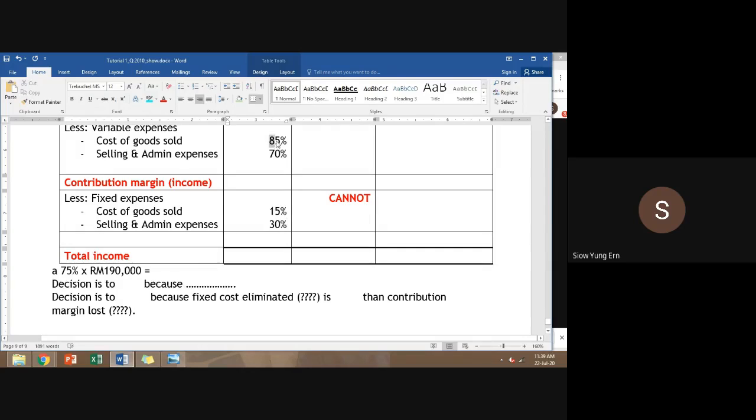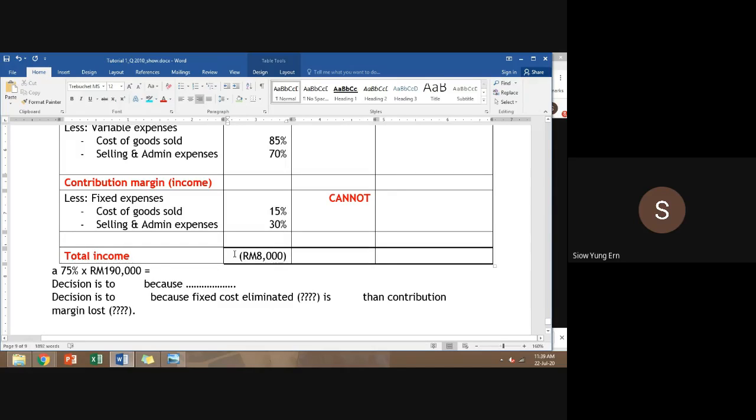So if you add up 85%, 15%, you get 100% cost of goods sold. 70% plus 30% is 100% selling and admin. So what is your total income? Correct. Negative 8,000.